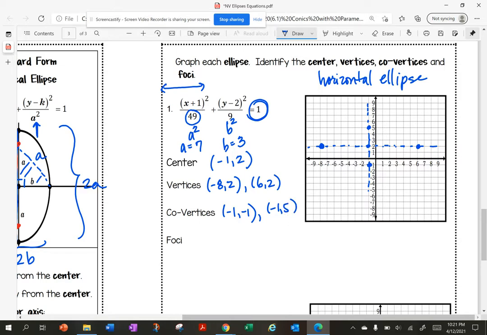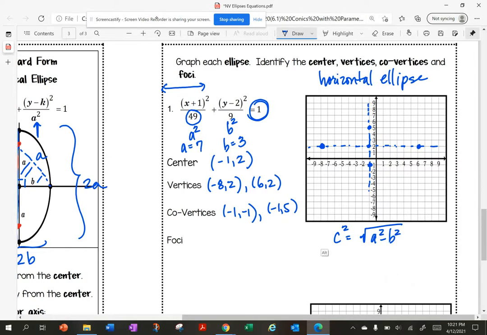I need to calculate C to find my foci. So we said C squared equals A squared minus B squared. So A squared is 49 minus 9. I'm going to take the square root.